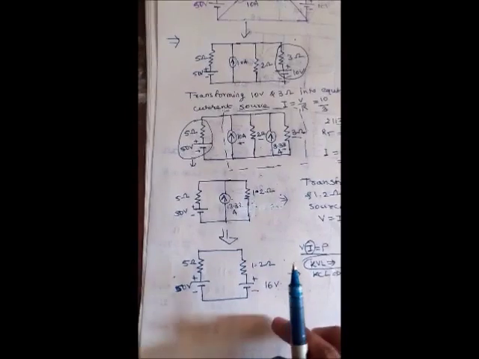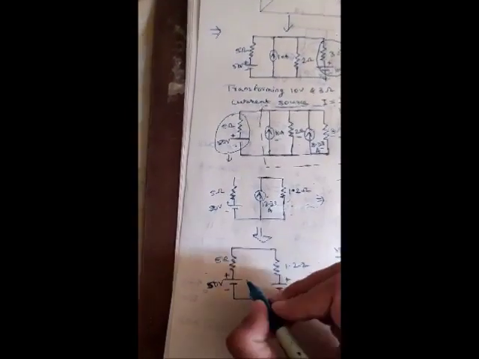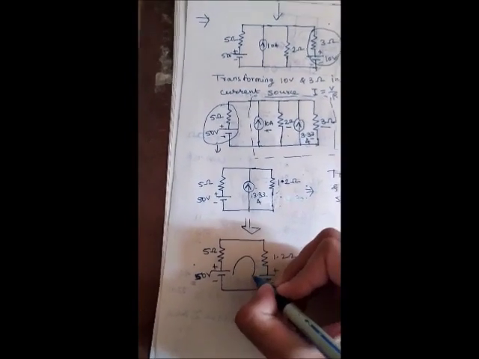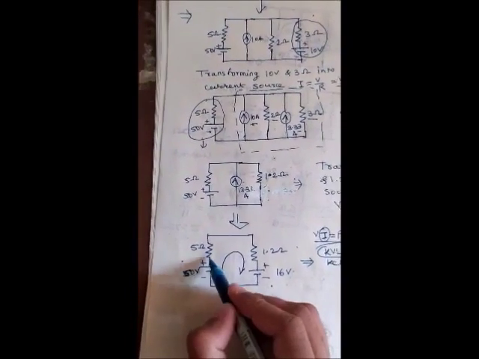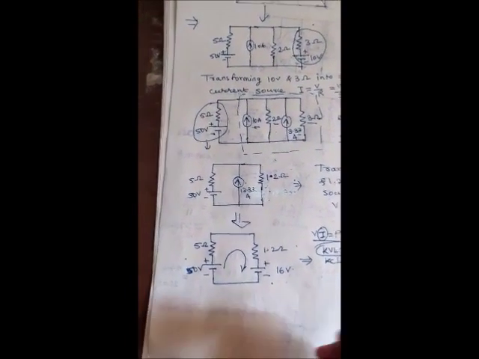So we have to find the current flowing through 50 volt. I will give a direction so that I can understand: starting from here, then going like this, then coming like this, and again flowing like this.